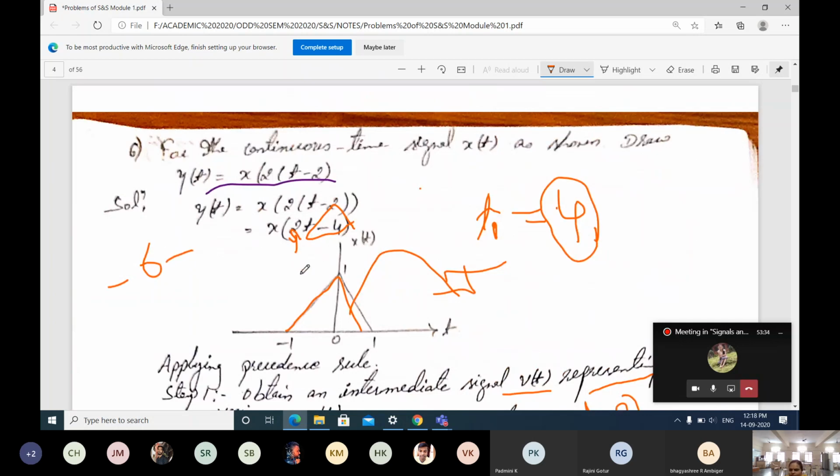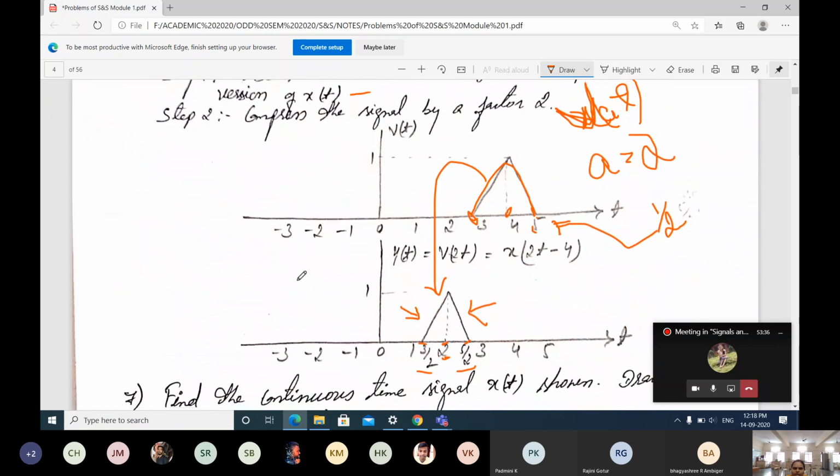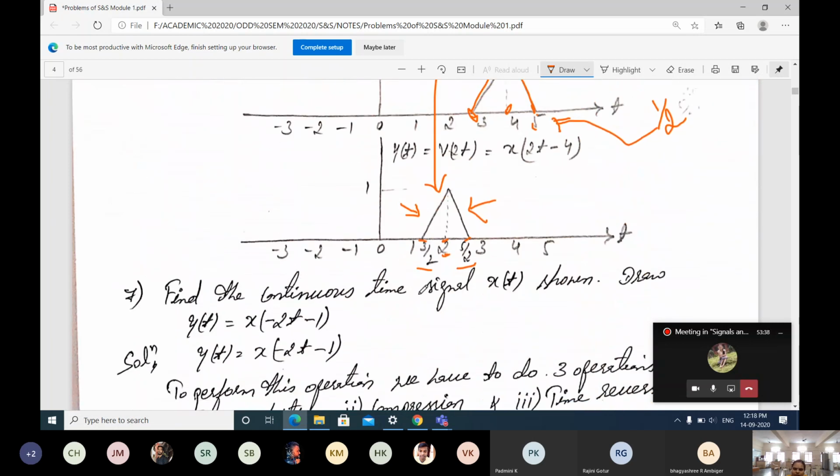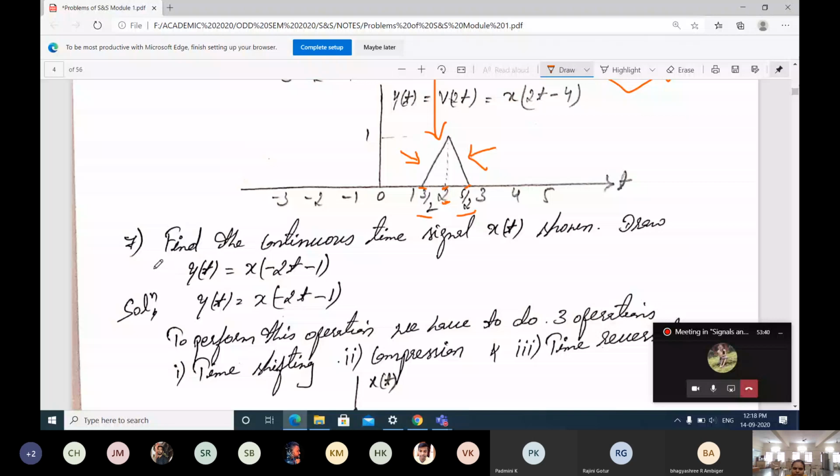This is very important. Then this is your assignment problem. I hope you will do this one. The 7th question is the assignment.